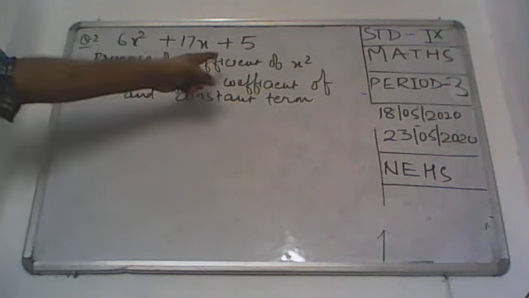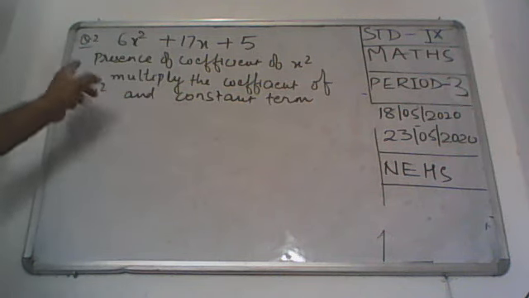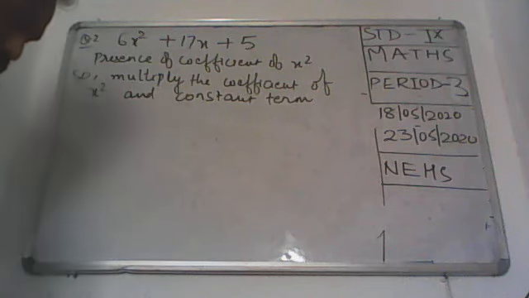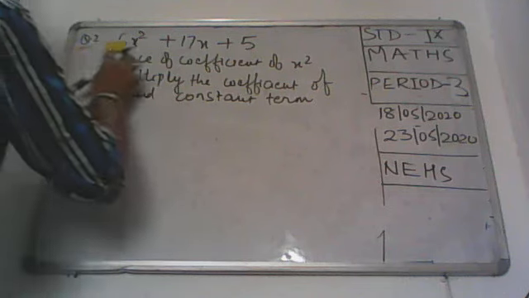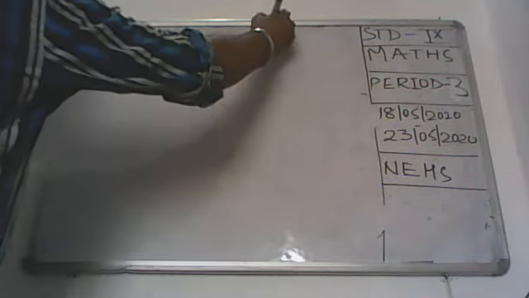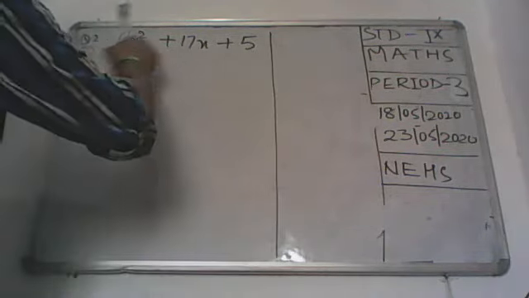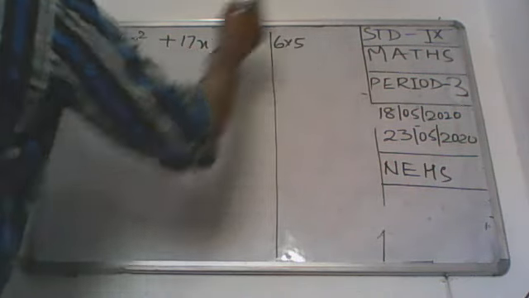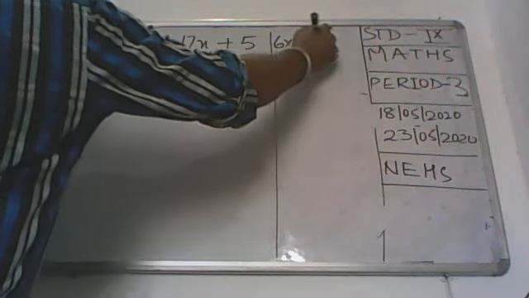In the presence of a coefficient of x square, multiply the coefficient of x square and the constant term. So what will happen? You see, in this corner I am going to write something. 6 into 5, 6 into 5, that is equal to 30.